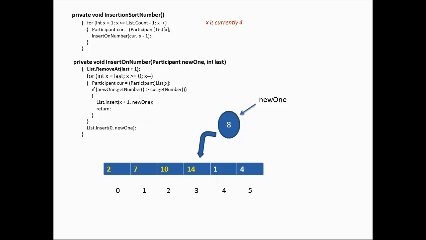So at the start of the insertOnNumber, 8 is removed by the list.removeAt. But remember what happens, the new one, that parameter that comes in, still points to 8. So although 8 is not in the array, new one points to 8. And now we'll go into the for loop that will insert 8, and when it's done, we won't have a duplicate 8 in the list.